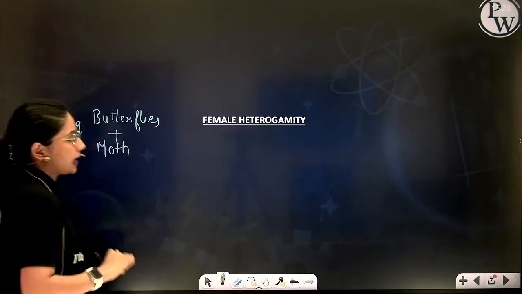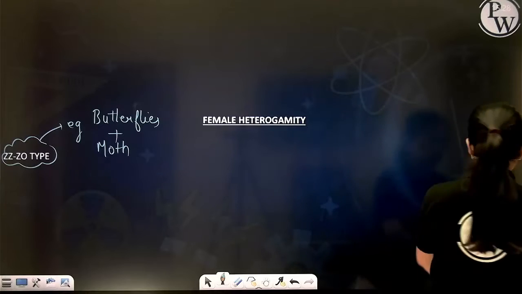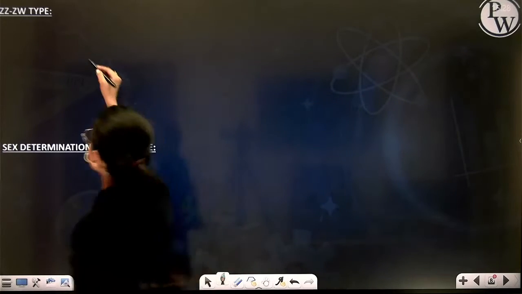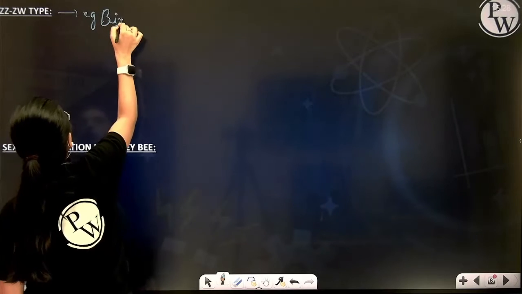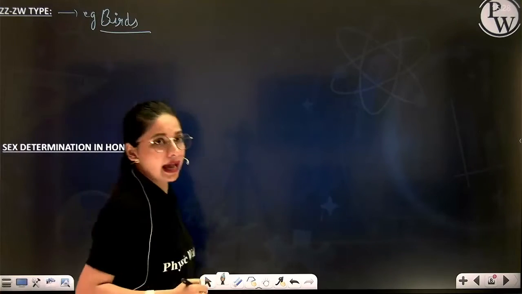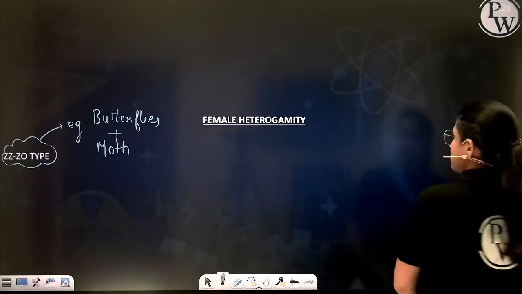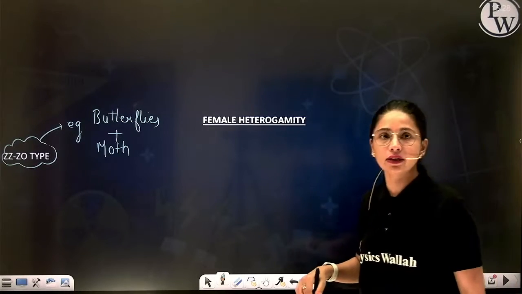And the second type of female heterogamety is the ZW type, which we see in birds like the hen. Now, first we are going to talk about the ZO type.